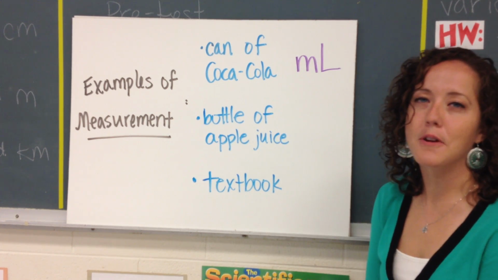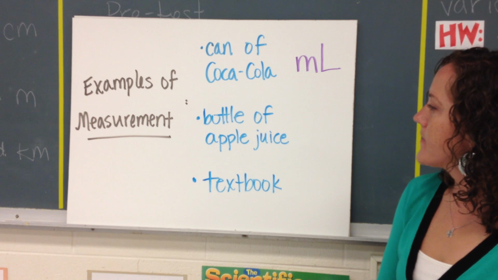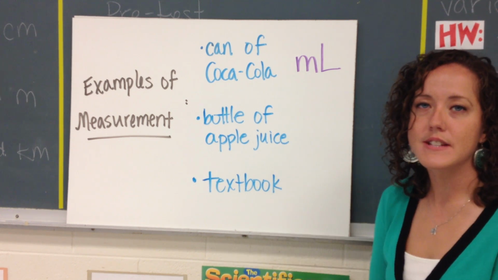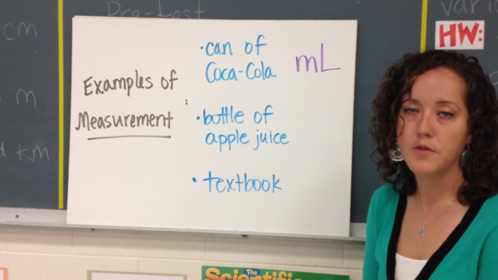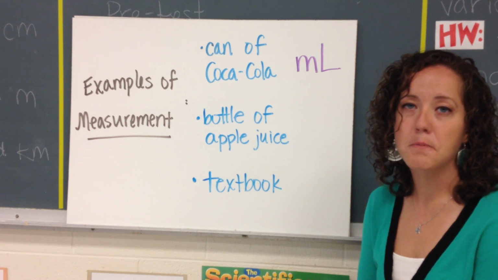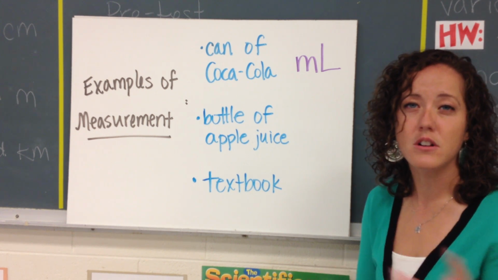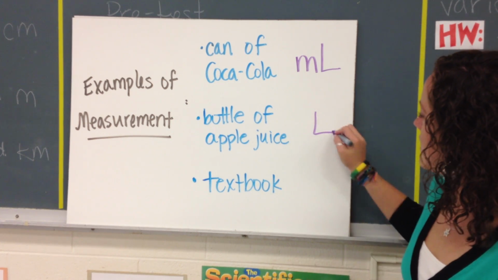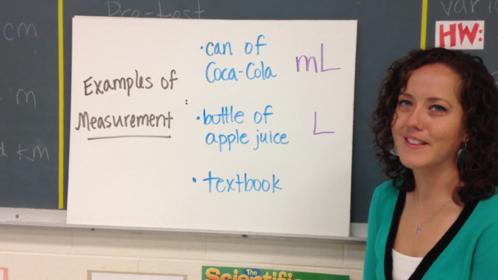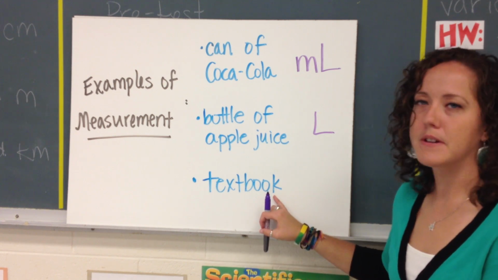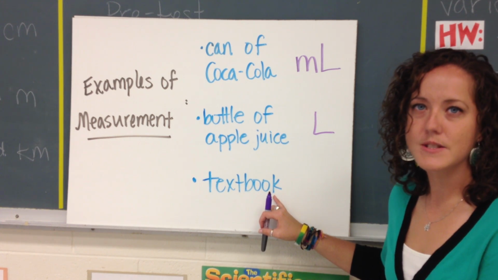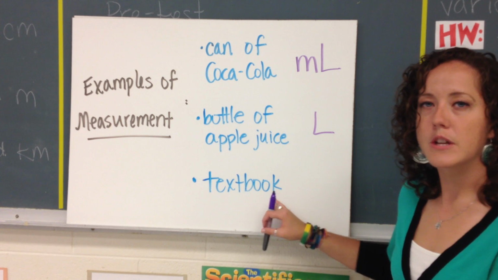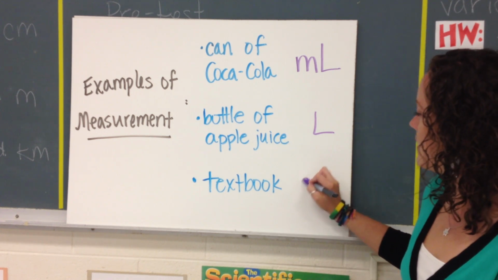And remember the capital L instead of lowercase. If I have a bottle of apple juice, that's holding more volume. And so instead of putting a prefix in front of it to make it smaller or larger, we've just got a plain liter. Most of the time it's not going to be much bigger than that. Now, a textbook, it's not liquid, it's a solid. So instead of using liters, we'll use centimeters cubed.